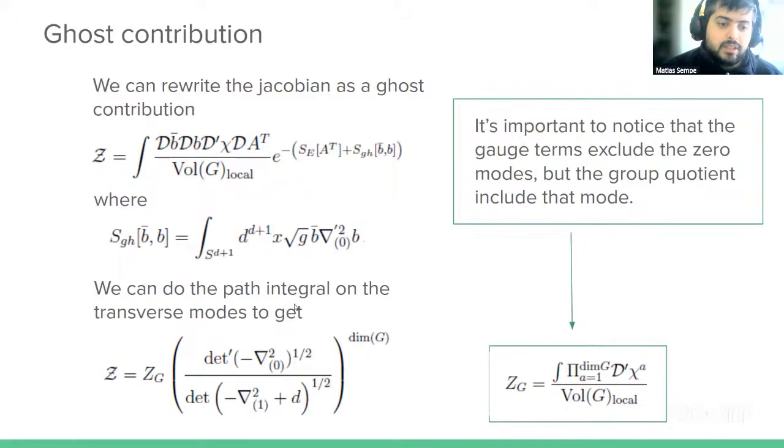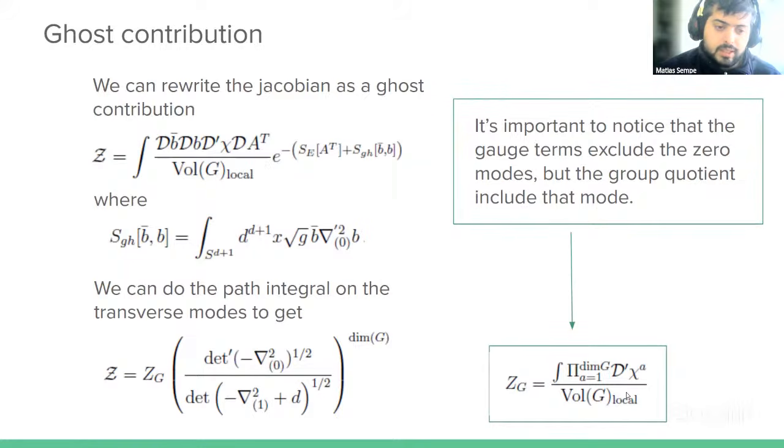And if you do the path integral, we get the determinant on the part that comes from the transverse, and here we get the ghost contribution that is a boson, but it gets a minus sign because it's a ghost. So, and we get zeta g that goes here, and this is like this.